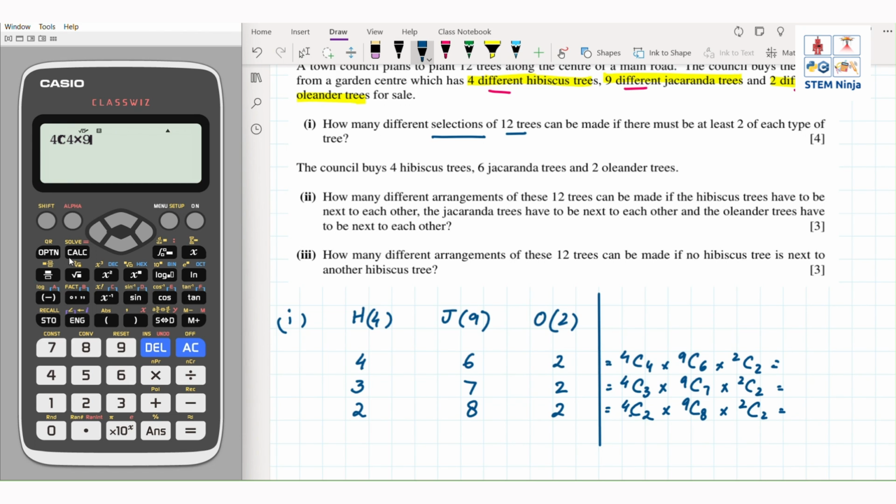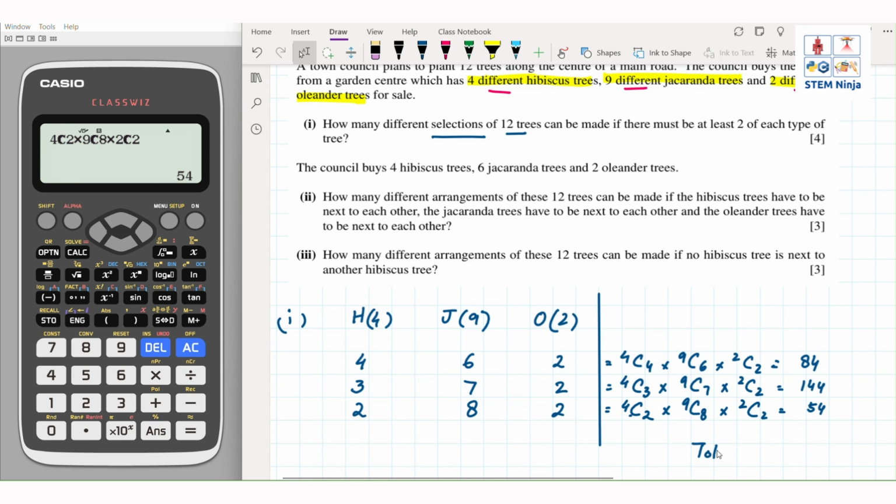4C4 times by 9C6 times by 2C2. We get 84. Now 9C7 and 4C3, 144. And now 9C8 and 4C2, 54.